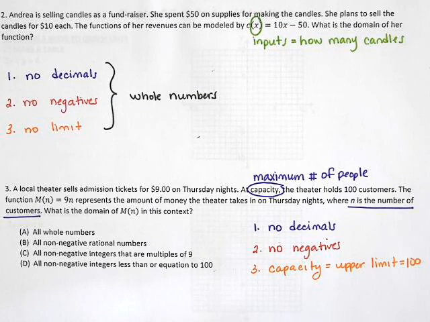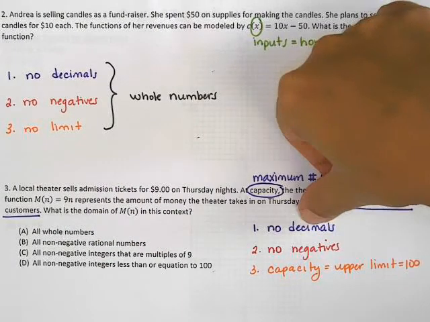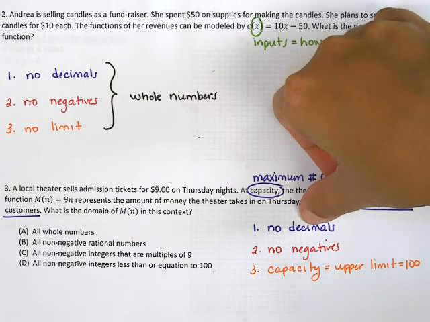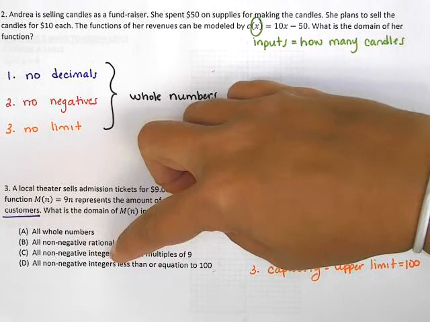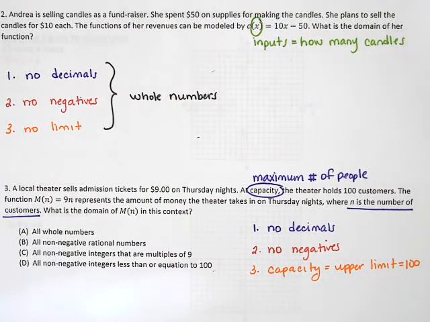If I read through these options and it says all whole numbers, well, I can't say all whole numbers because there's a limit. All non-negative rational numbers? Well, rational numbers have decimals. That's not allowed. All non-negative integers that are multiples of 9? Multiples of 9 means like 9, 18, 27.